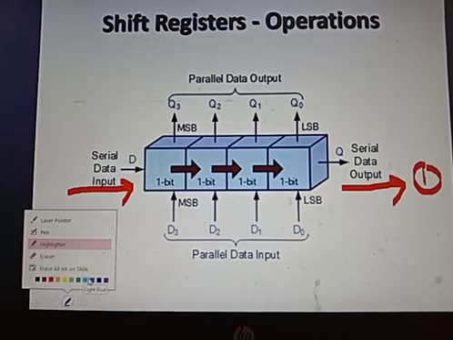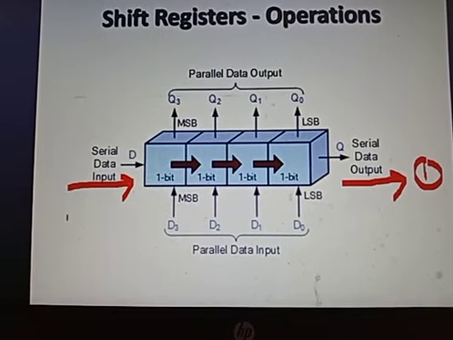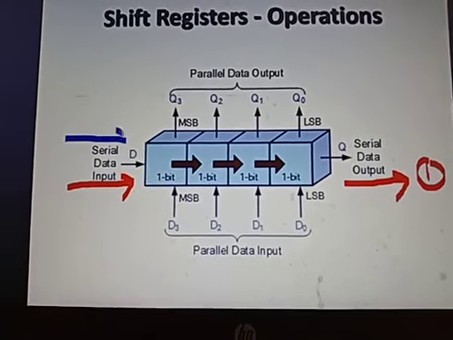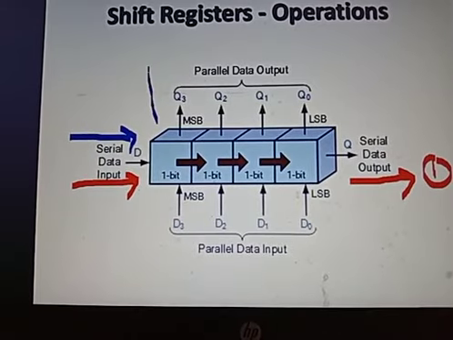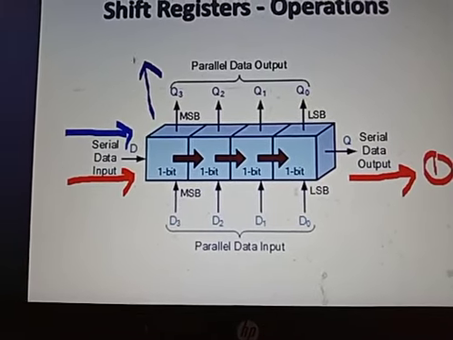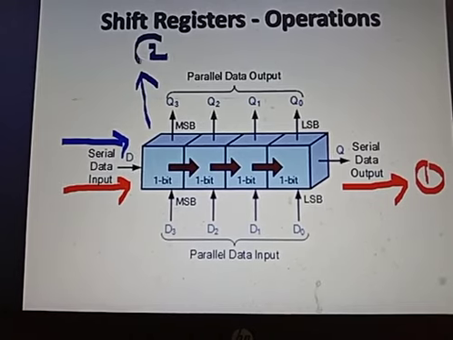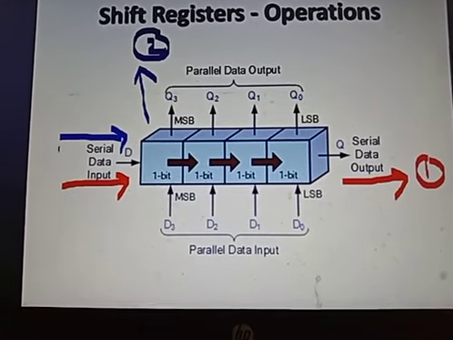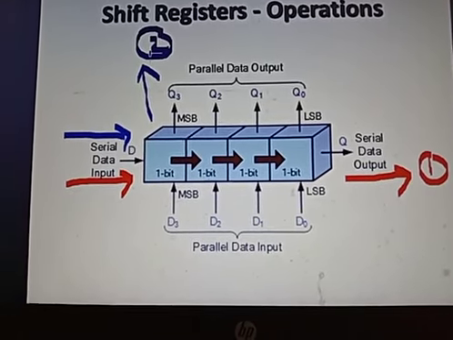The second register is, say you can give your input serially and you can take your output parallelly. This is your second category where we'll call the register a serial input parallel output register.